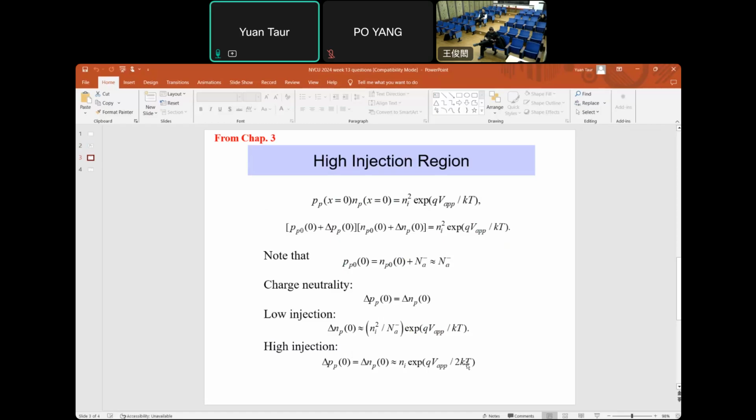Okay. So the charge neutrality in the base under high injection is achieved by the hole injection, above and beyond the base doping Na.